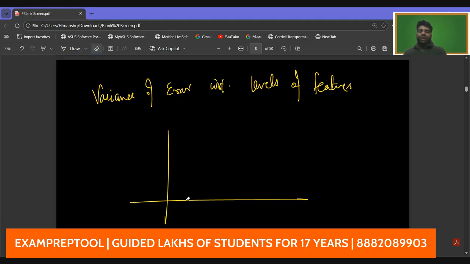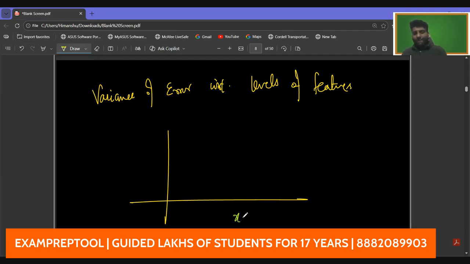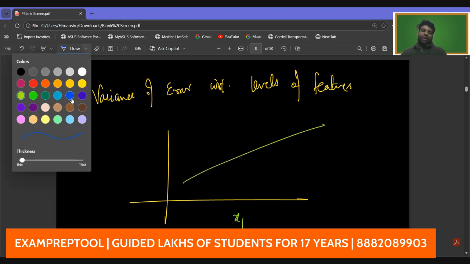I'll tell you. For an example, let's suppose x1 is one of the features. So we are having x1 as one of the features over here. And this is my linear regression line I'm fitting, and something like this.